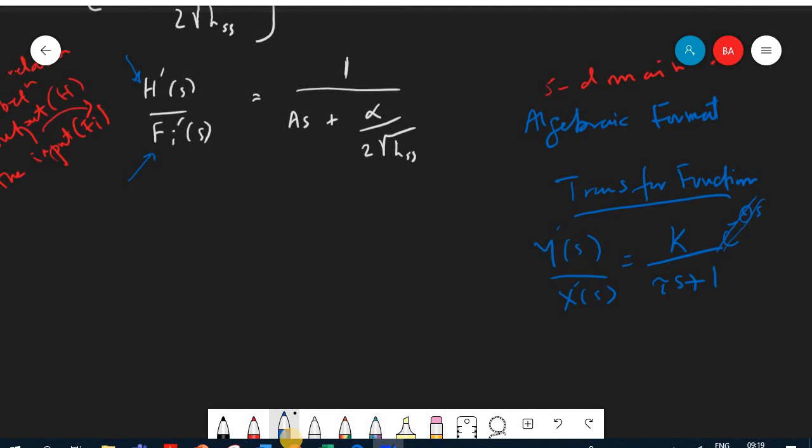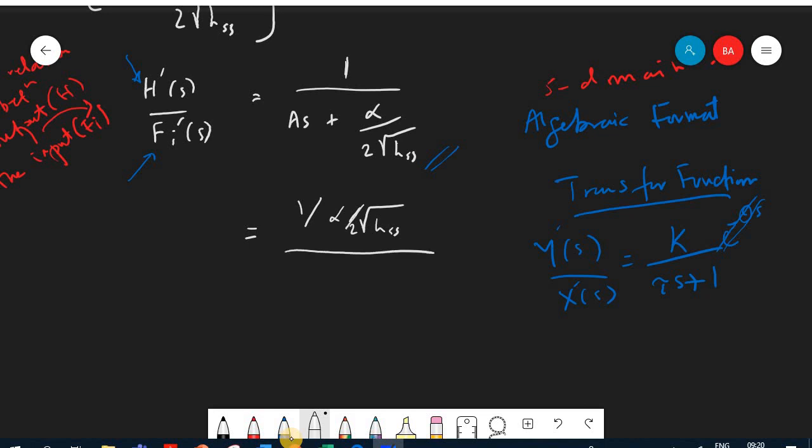If you would like to put this in a standard format, we need a plus 1, so we just need plus 1 on this side here. So that's the whole story. I make this term as plus 1, so I will divide it by the same term here, and because I will divide by the same term, here it will be 1 over alpha over square root of 2 into height at steady state, so that is the term that I have here.